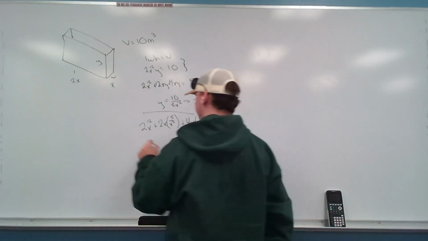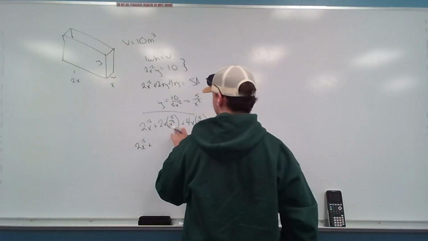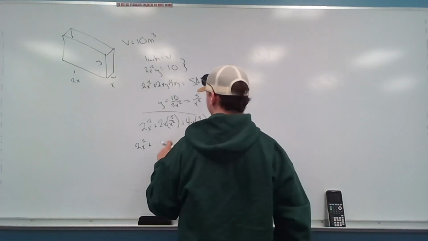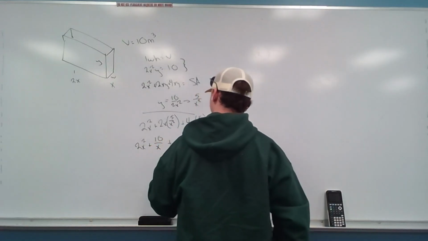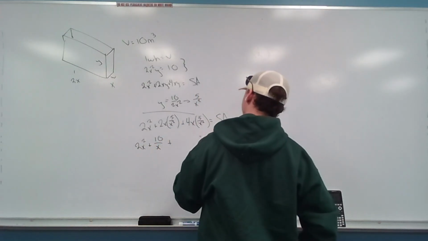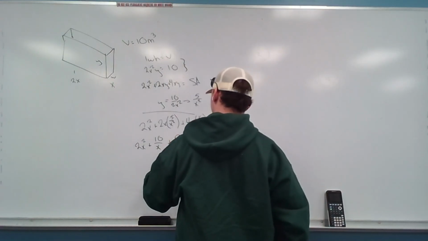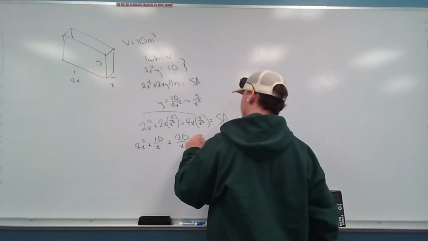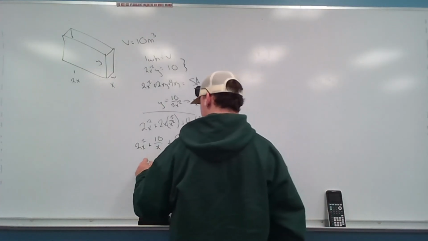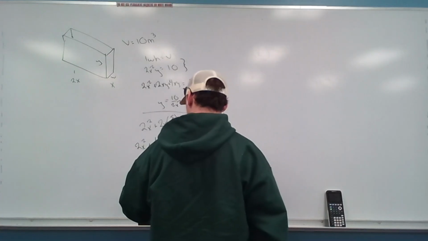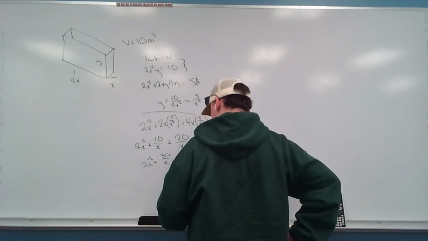So let's simplify it down. 2x squared plus 2 times 5 is going to be 10x over x squared, which is just going to be 10 over x, plus 4x times 5 is going to be 20x over x squared, which is just 20 over x, equals surface area. Now, we can combine these to be 2x squared plus 30 over x is equal to surface area.